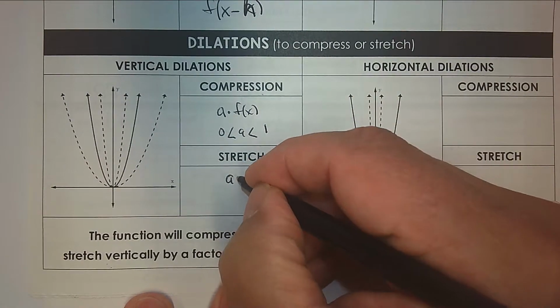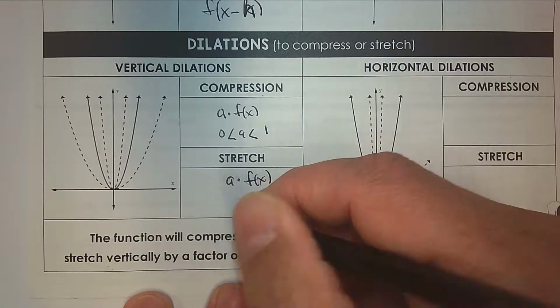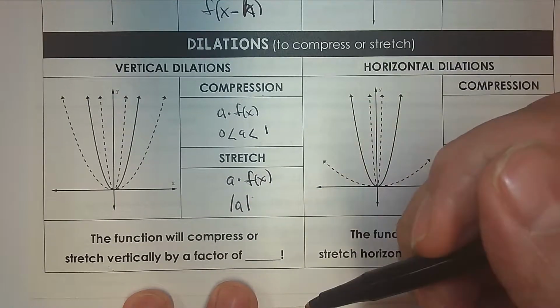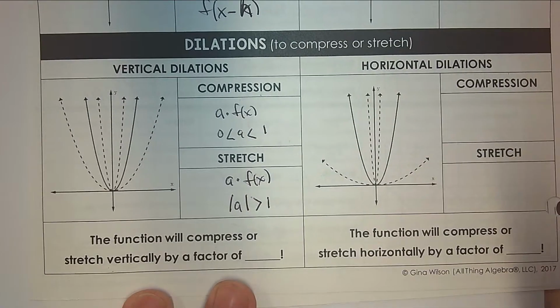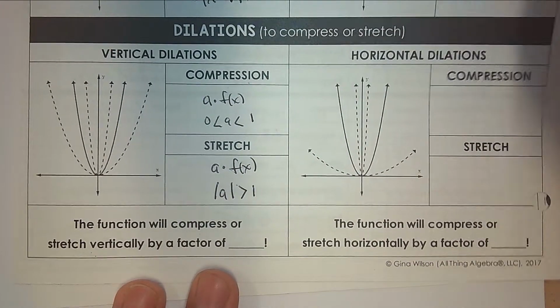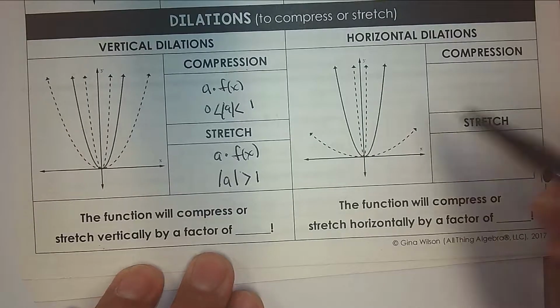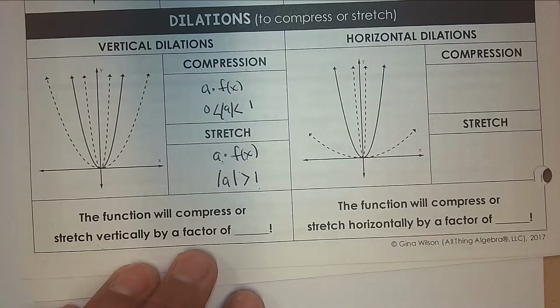If the absolute value of that number is greater than 1, and if it's negative, that belongs to a reflection, it creates a stretch, regardless of whether it's negative or not.